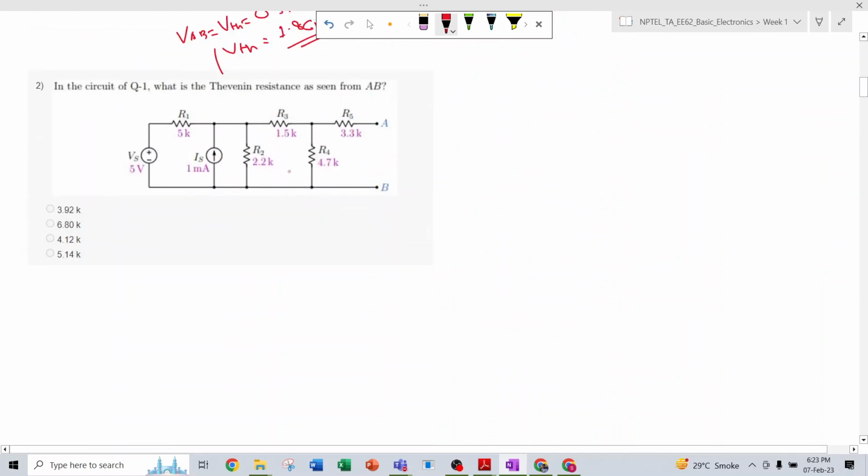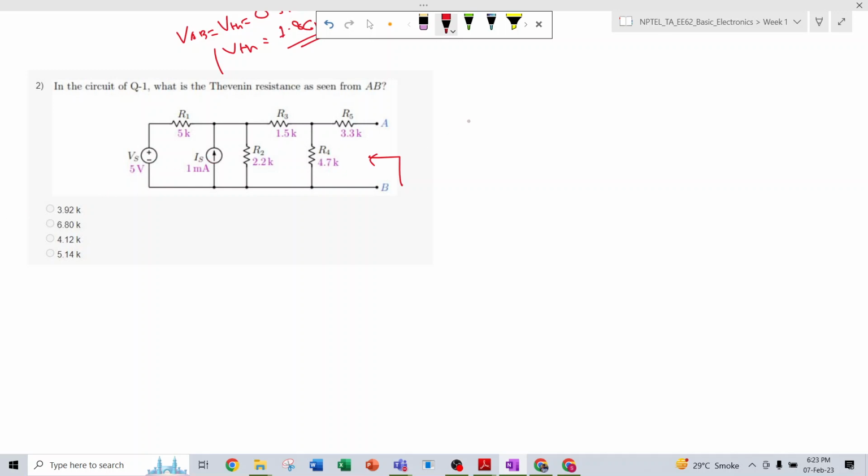Question number 2 is about the same circuit, and here it is asked, in the circuit of question 1, what is the Thevenin resistance as seen from AB? To find the Thevenin resistance, you should look from this side AB, and you should deactivate the voltage source and the current source.